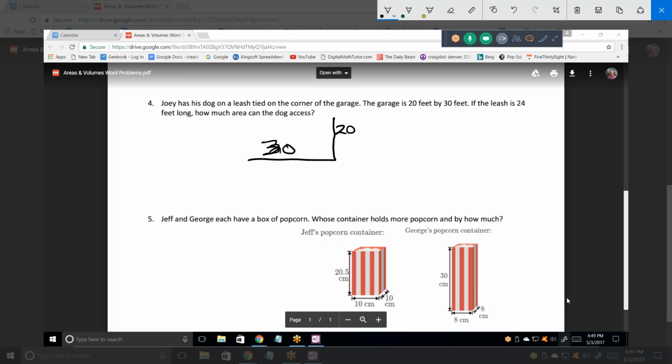The leash is 24 feet long. How much area can the dog access? Well, you can go to there. You can go to there.